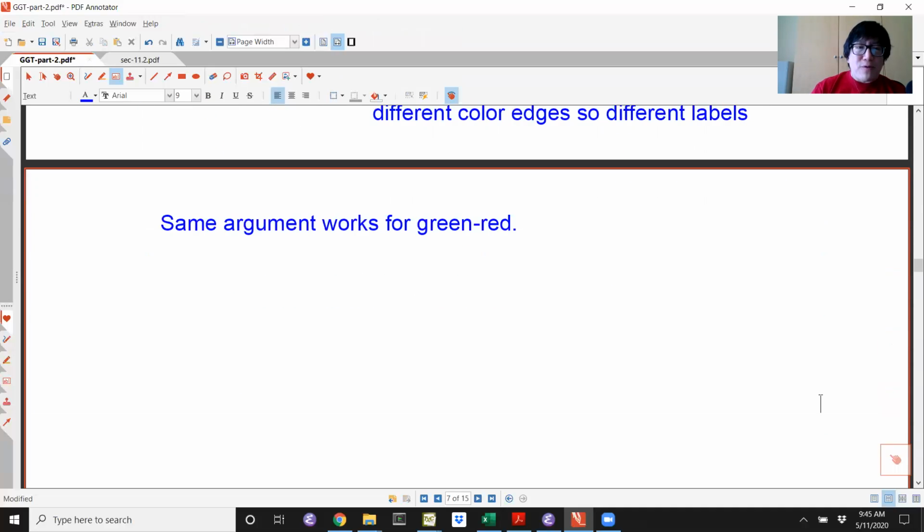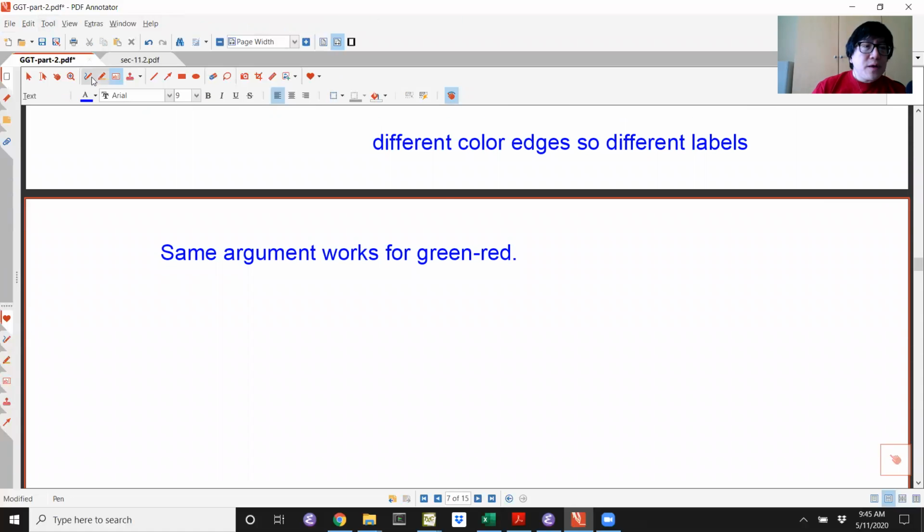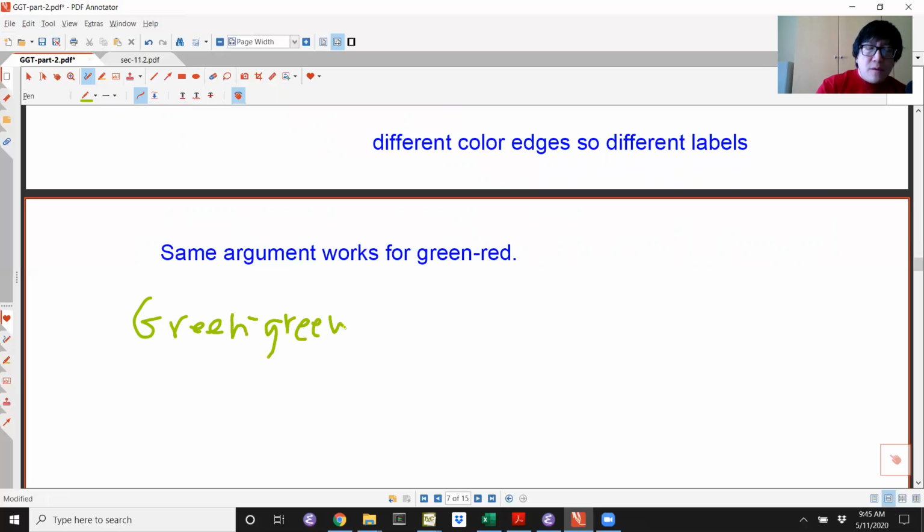So I guess now we have to worry about red, red, and green, green. Right. So let's do green, green first. So the green, green cases. All right. So suppose over here we have two green edges.